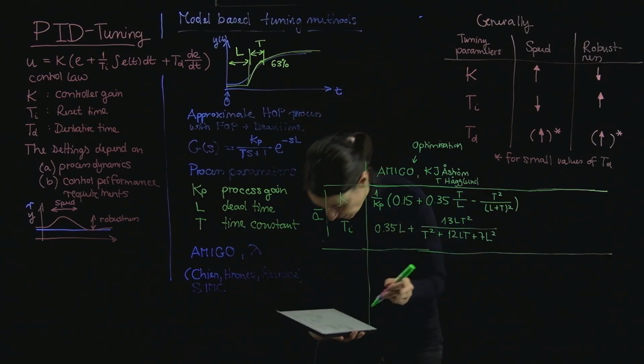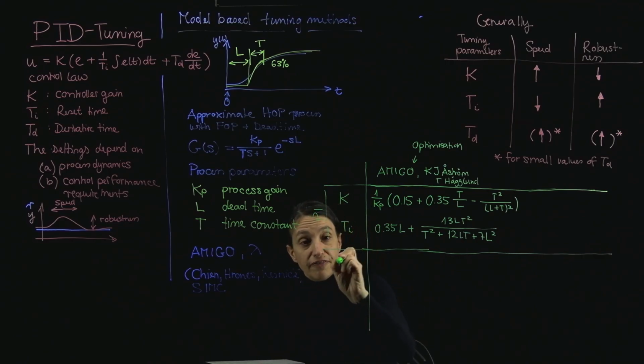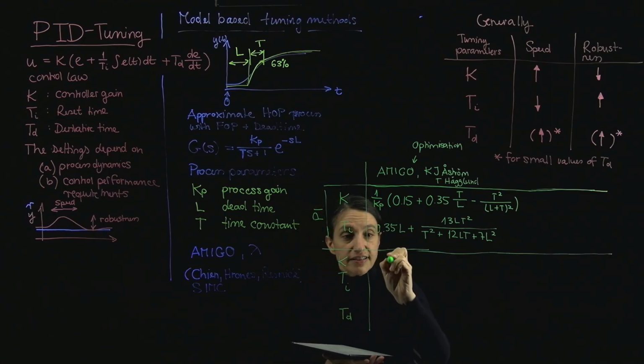Okay, let me just sit down again to give you the values if you have a PID controller. So you will have KP, TI, and TD. And here it looks slightly easier.